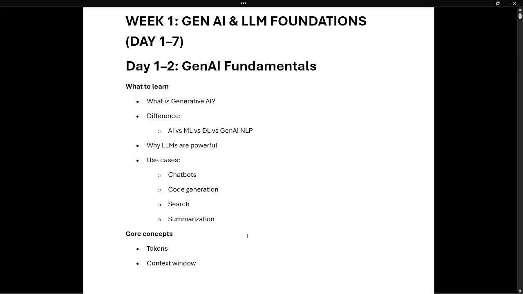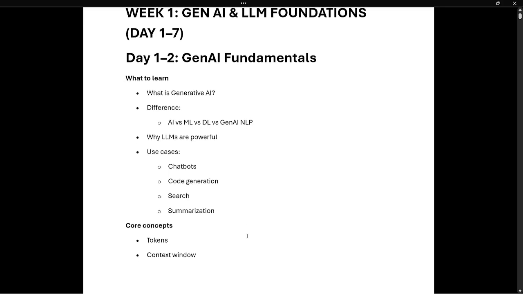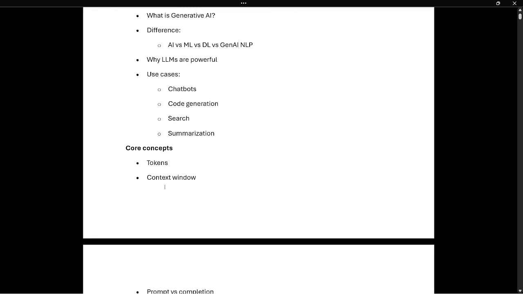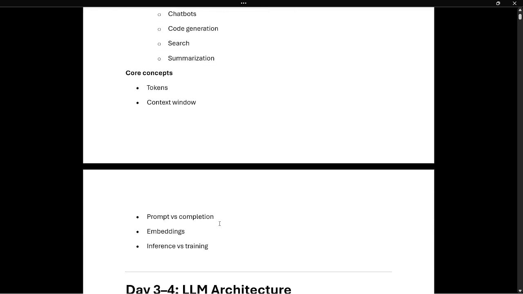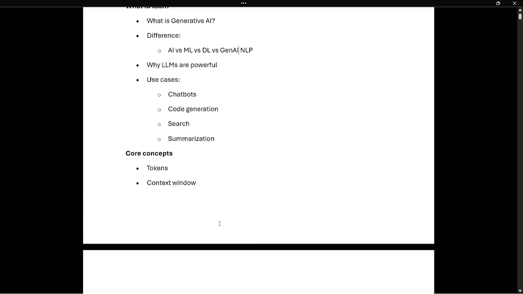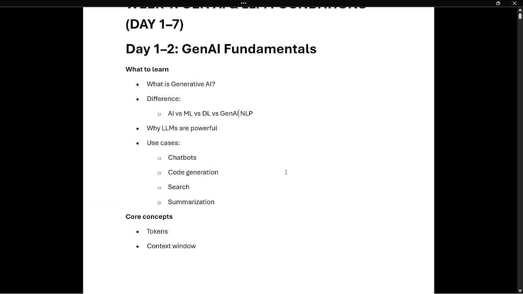What do you mean by generative? What is the difference between AI and ML? Why did generative AI come into the picture? You'll understand all these basic things, and core concepts like tokens, context window, prompt, embedding, inference, and all these things. So these are the basic things, you have the general idea of the GenAI fundamentals.